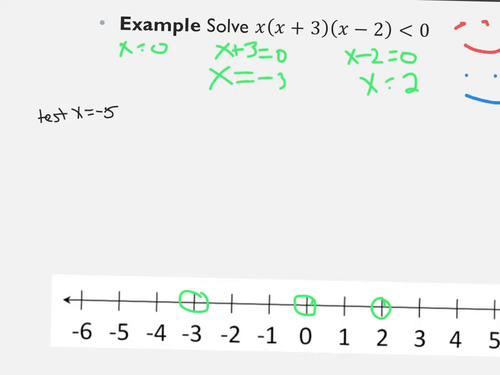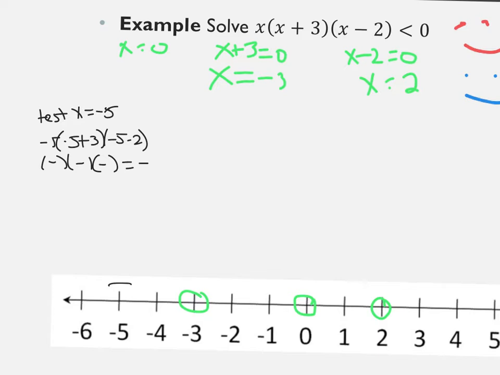So what that means is we'll place -5 into our factored form and see what kind of sign that gives us. Okay, so it looks like we'll have a negative number. -5 plus 3 is also a negative number, and -5 minus 2 is also a negative number. And a negative times a negative is a positive, times a negative is a negative. And so I'm going to mark that as negative.